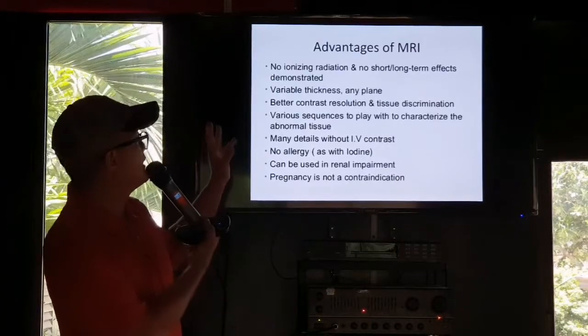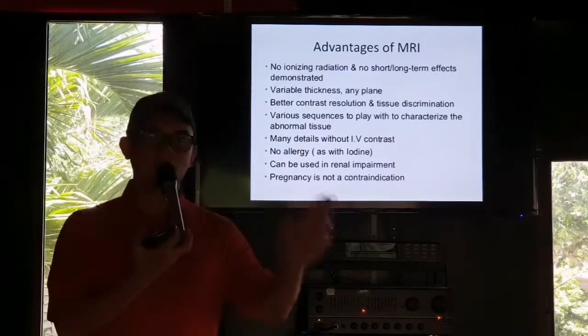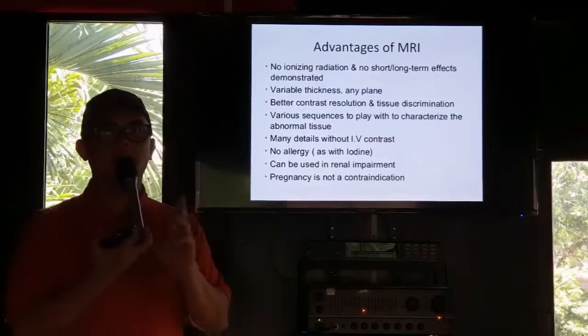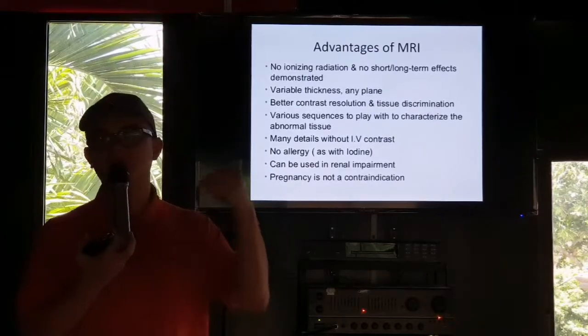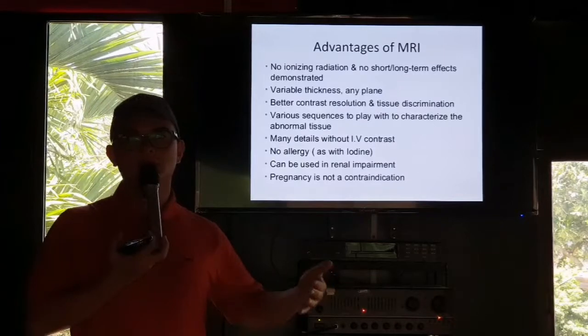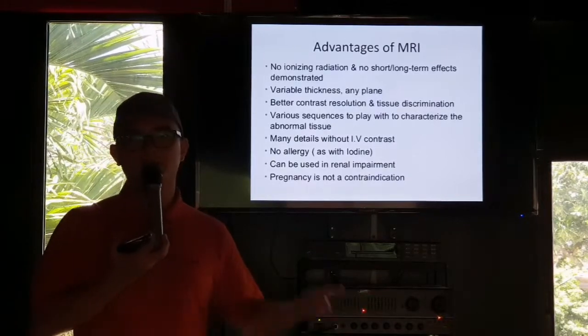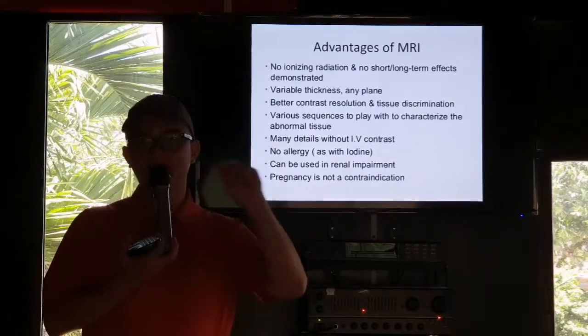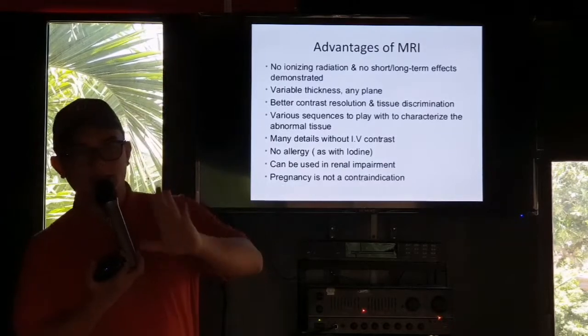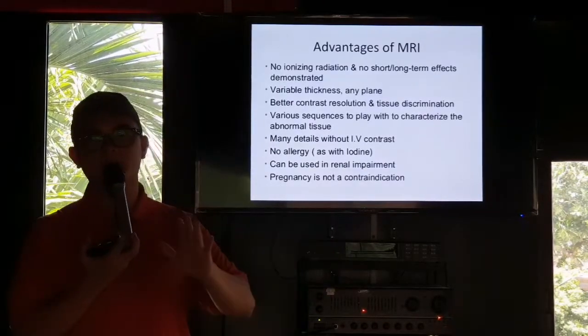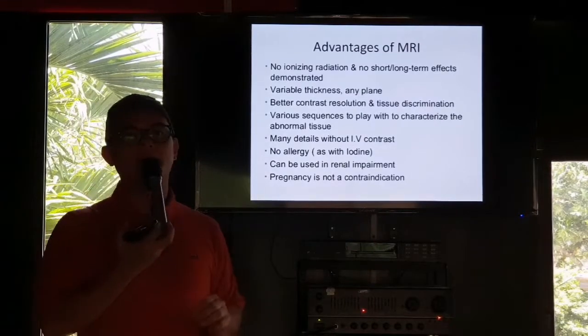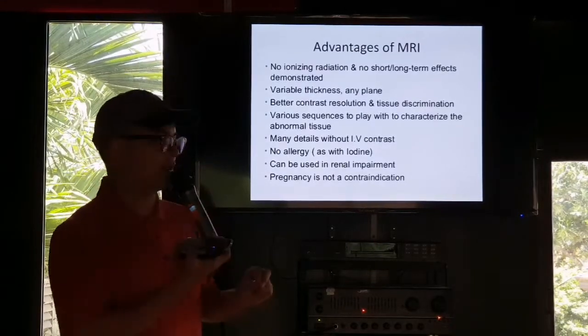So it has better contrast resolution of soft tissue. If you want to view the brain, if you want to see if it's a meningioma, if it's intracerebral, or if it's slightly subarachnoid, sometimes these lines can blur in CT, but in MRI, they're better distinguished. Okay?